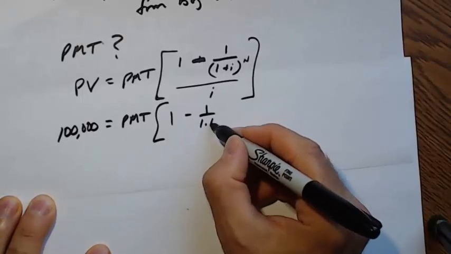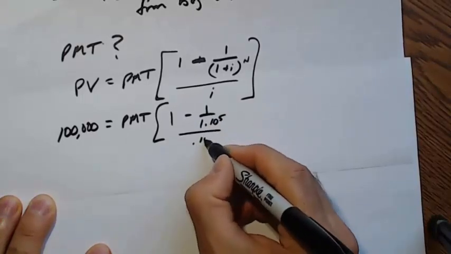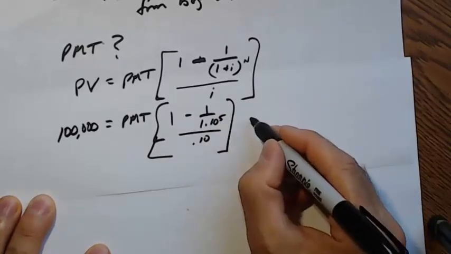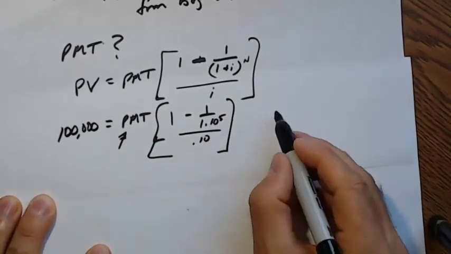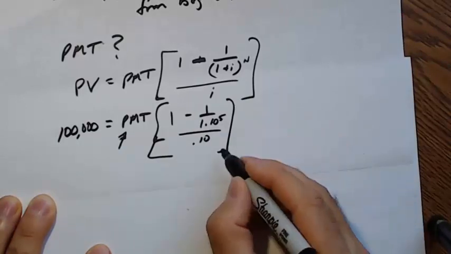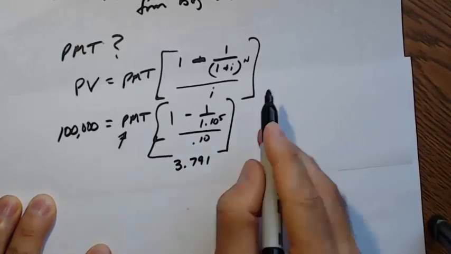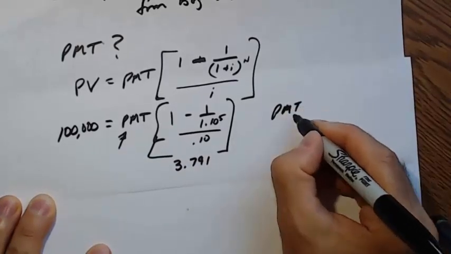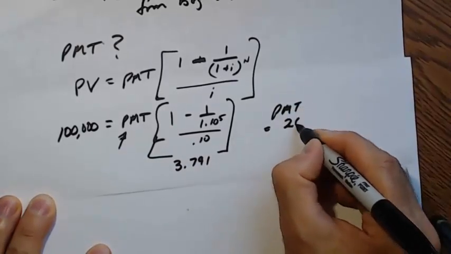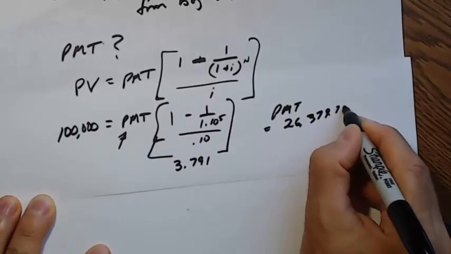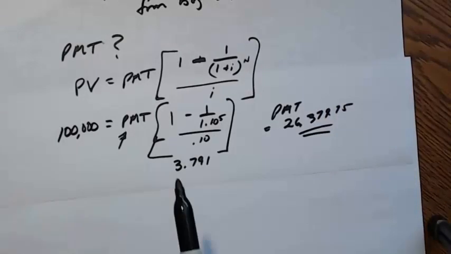This is 10% for 5 periods over 0.10. And this whole thing in brackets is 3.791, by the way. Payment equals 26,379.75.